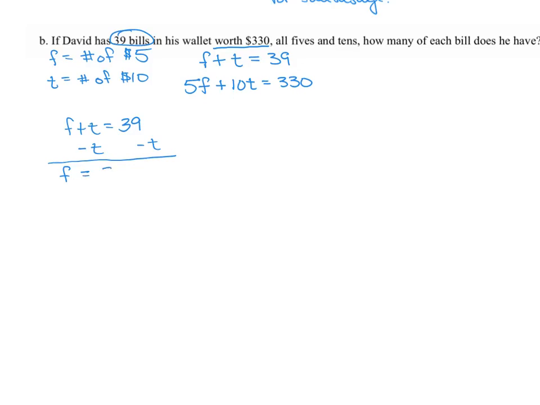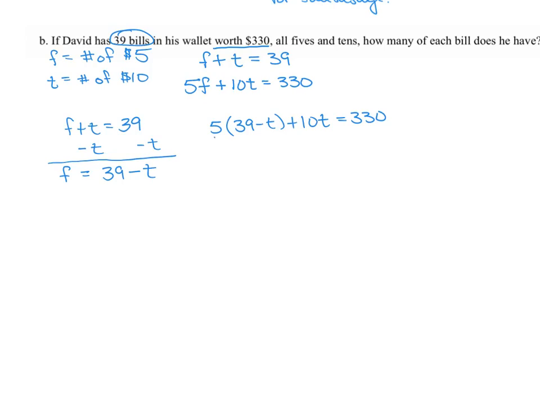So that means that I won't have to worry about negatives. So we get F equals 39 minus T. If we plug this into our other equation, we get 5 times (39 minus T) plus 10T equals 330.